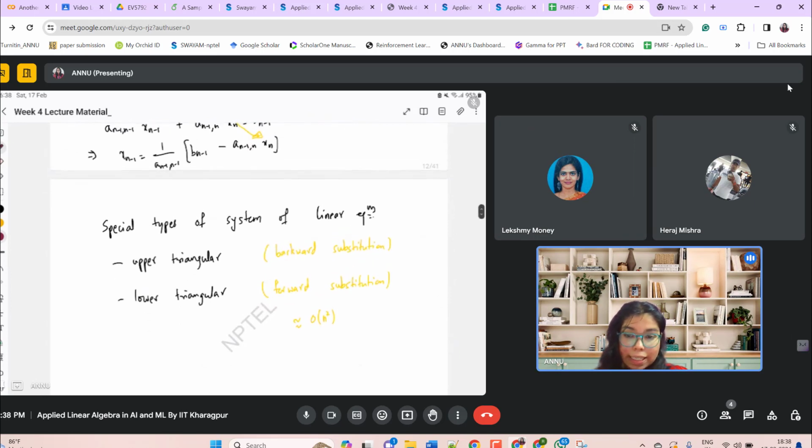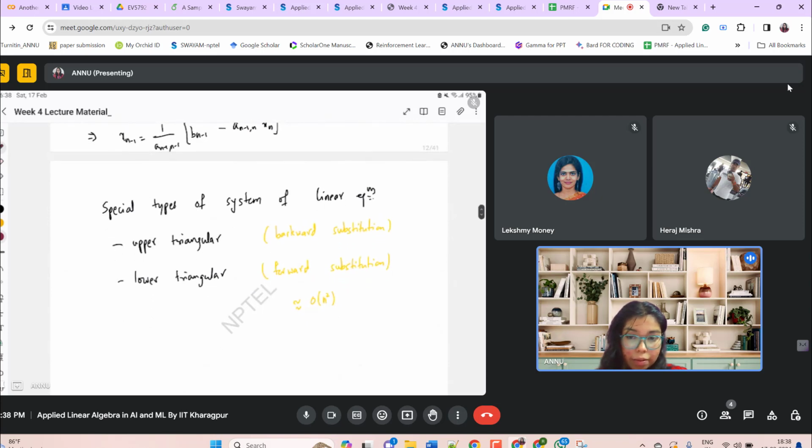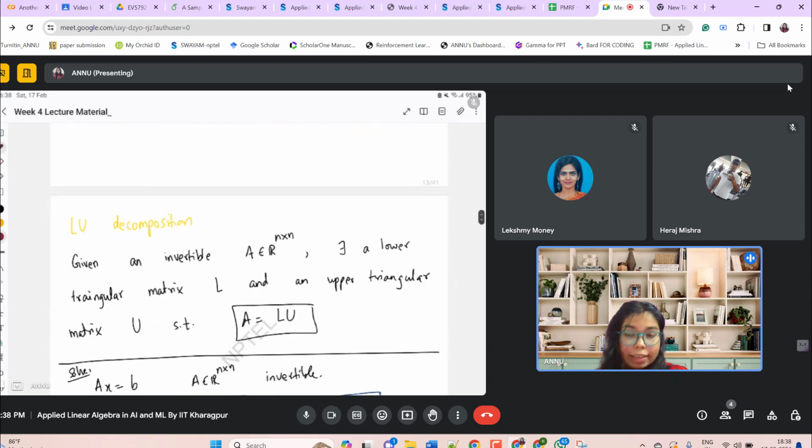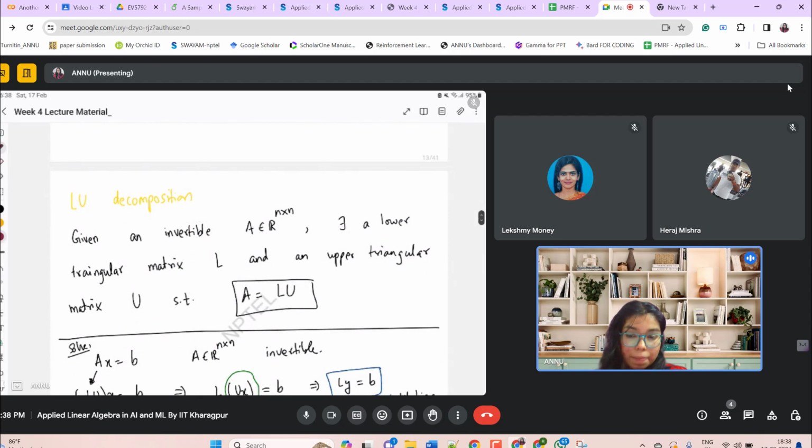Okay, so we saw special types of systems of linear equations, upper triangular or lower triangular. After that, in order to simplify the system of linear equations, we can decompose any matrix in the form of a lower triangular matrix and an upper triangular matrix. Lecture 20 was completely based on this.